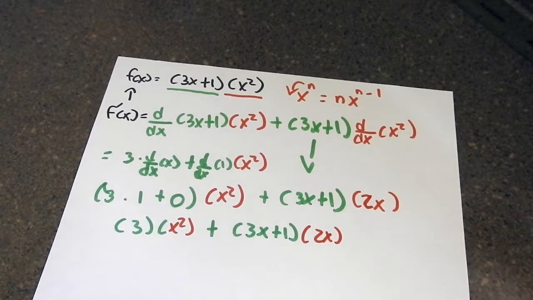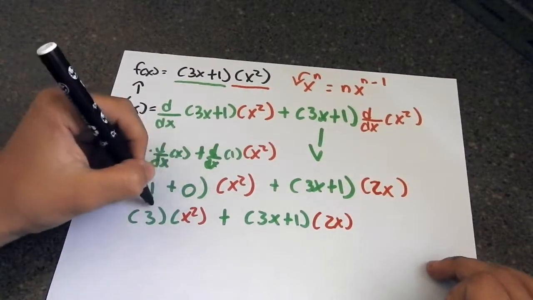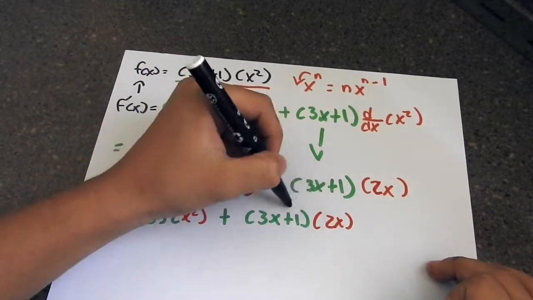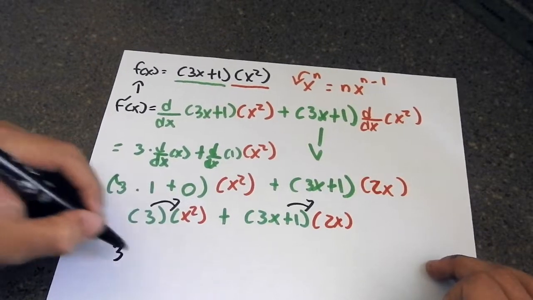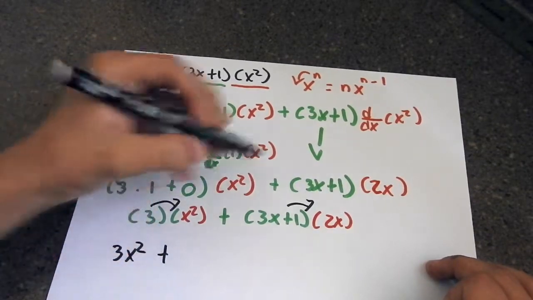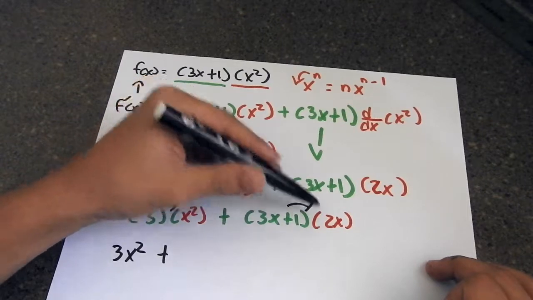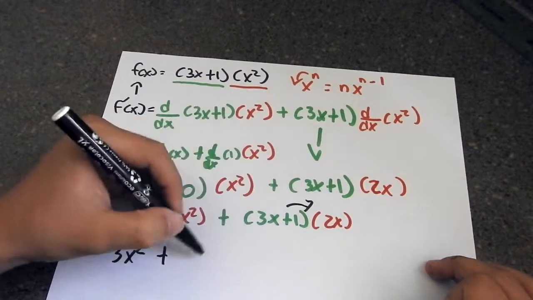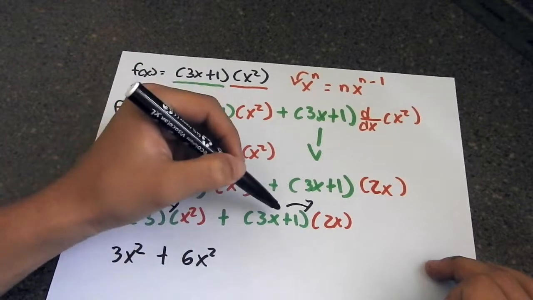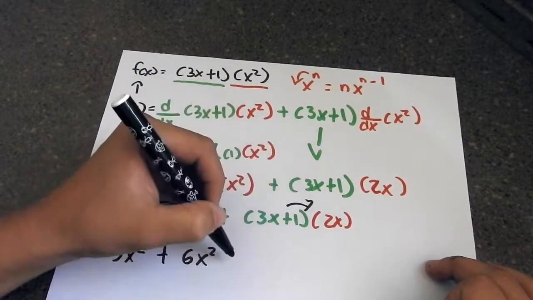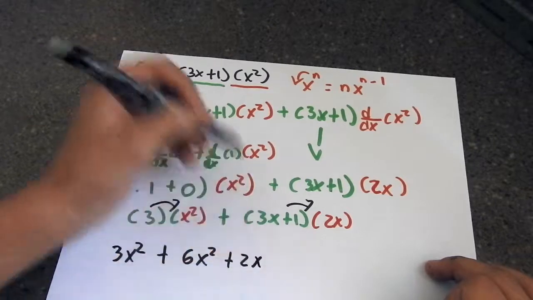So now here I'm going to do this in one color. Now we apply our multiplications. 3 times x squared is 3x squared, plus 3x times 2x is going to be 6x to the second power, and 1 times 2x is going to be just 2x.